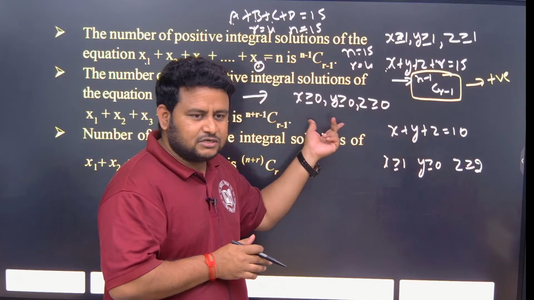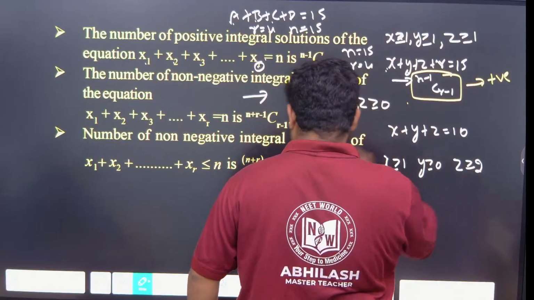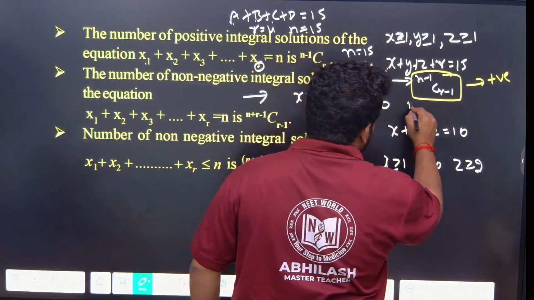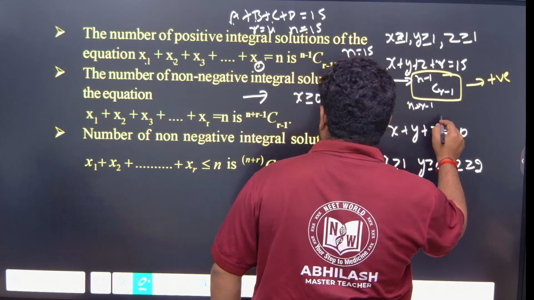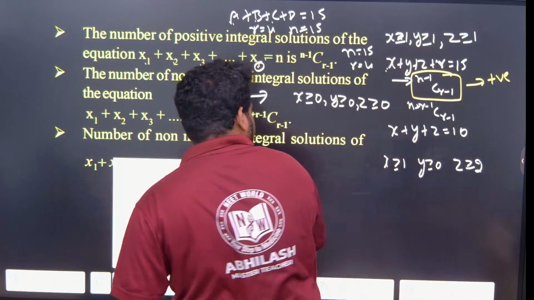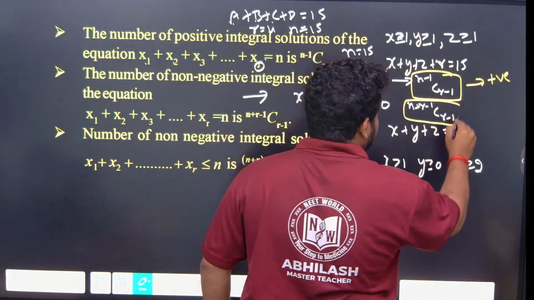If it is greater than or equal to 0, the formula is n plus r minus 1 C r minus 1.